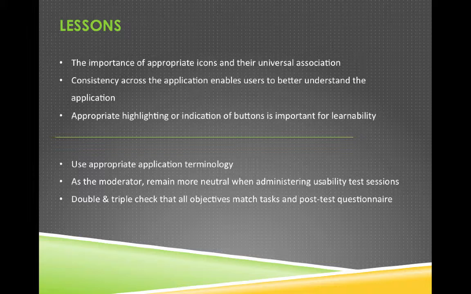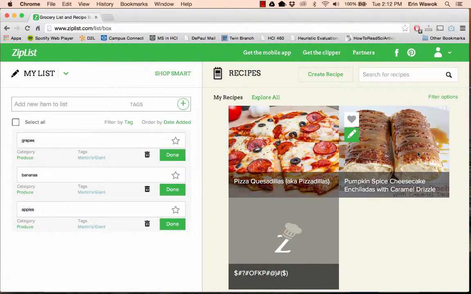Secondly, consistency across the application enables users to have a better understanding of the application. So, if you're going to have create a recipe on this side, maybe you should have create a list on this side. Or if you're going to have filter options on this side, maybe you should use the same terminology over here instead of tags.